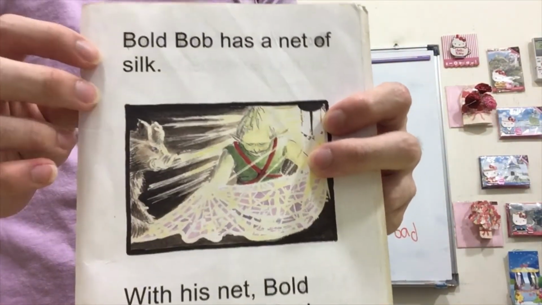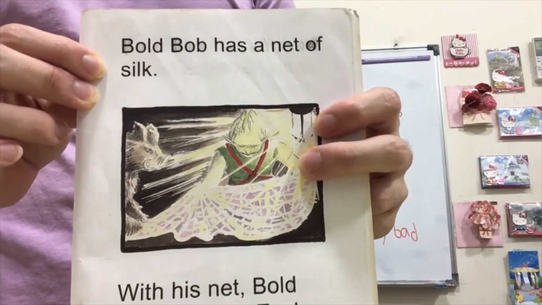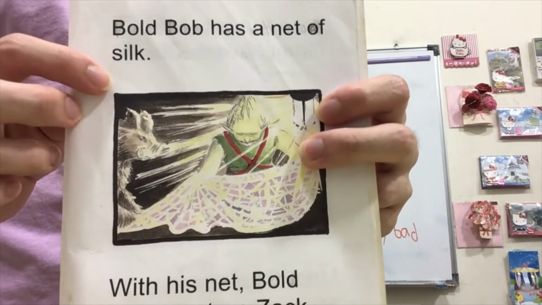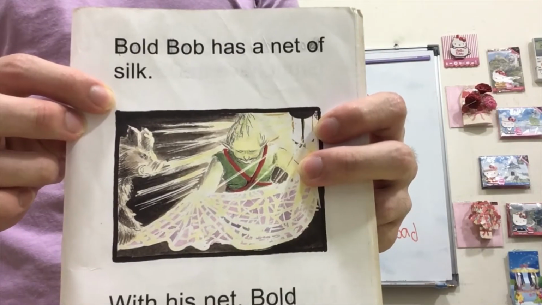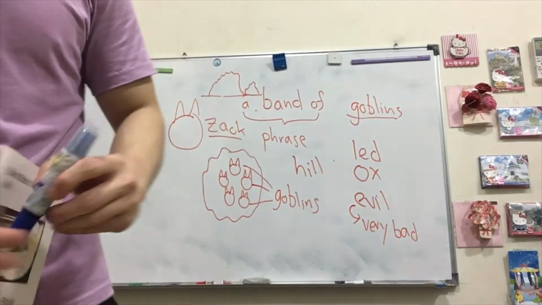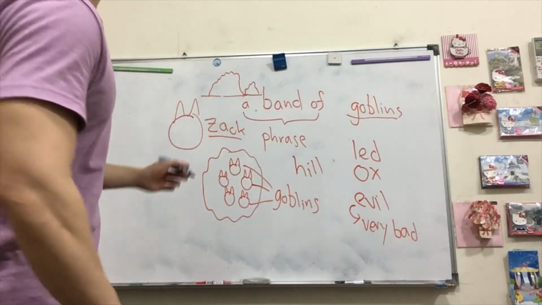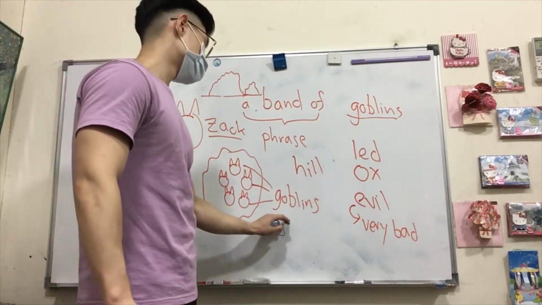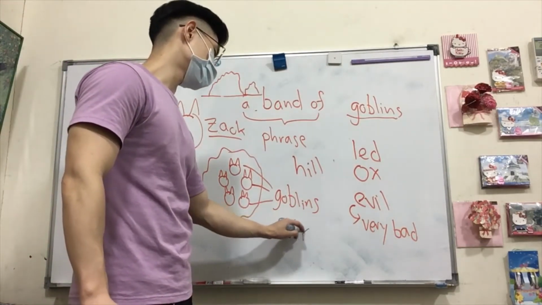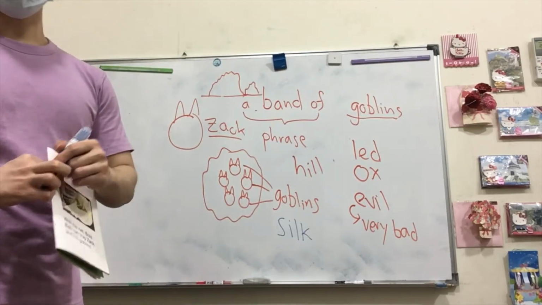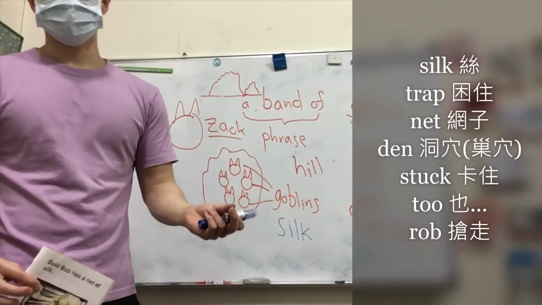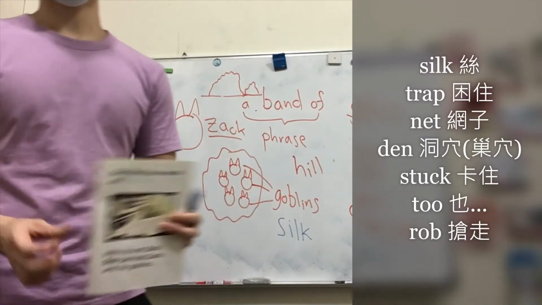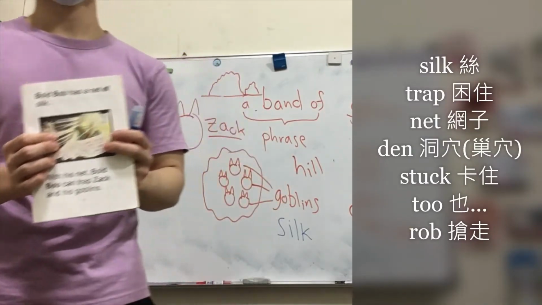Alright. So Bold Bob has a net of silk. Here we have the word silk, S-I-L-K. Silk is a material that can be used to make your clothing, right?